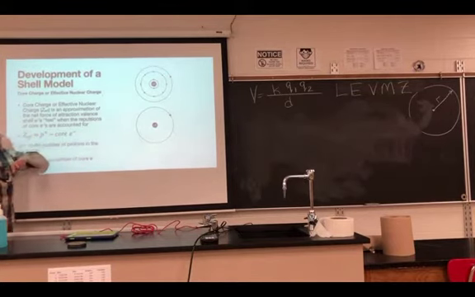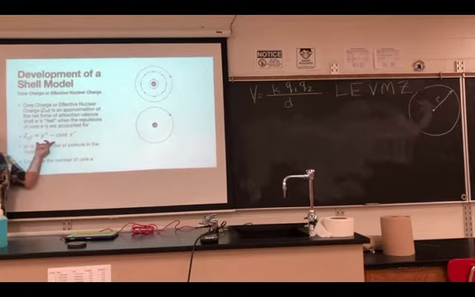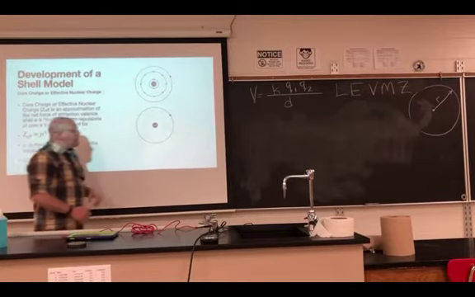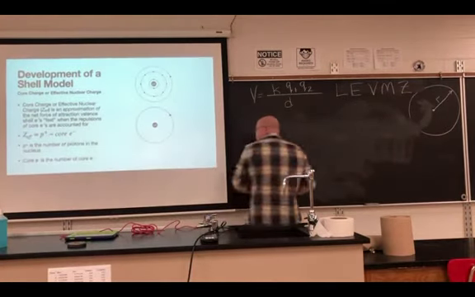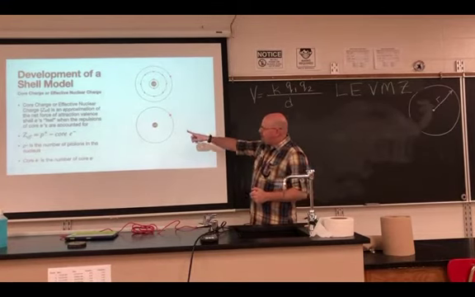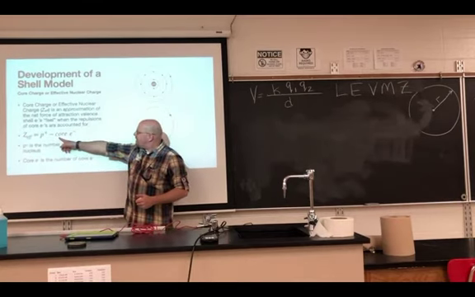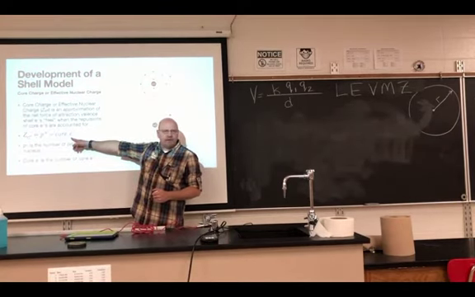This equation describes what the approximation would be. So Z effective is going to equal the number of protons minus the number of core electrons that you have in the atom.